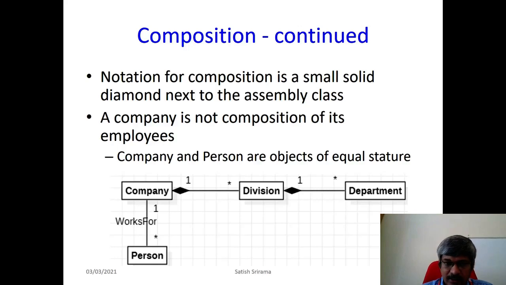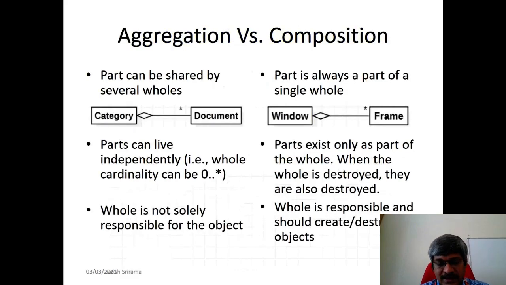Now let us compare aggregation and composition, because they are approximately similar part-whole relationships from the UML. Let's put all the things together and summarize these two. Remember, a part can be shared by several wholes. That's what I have been telling.